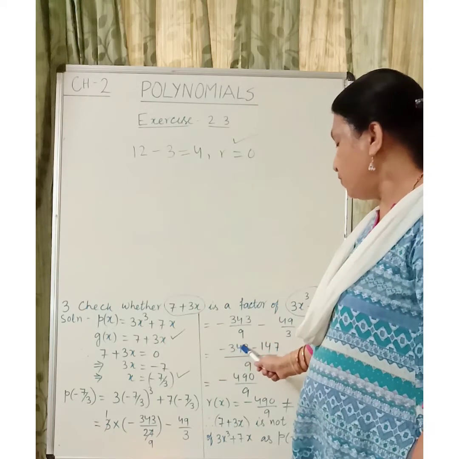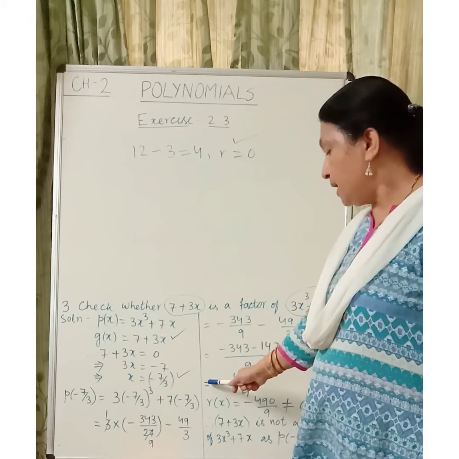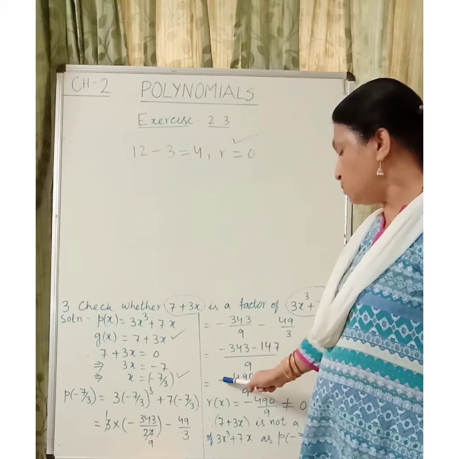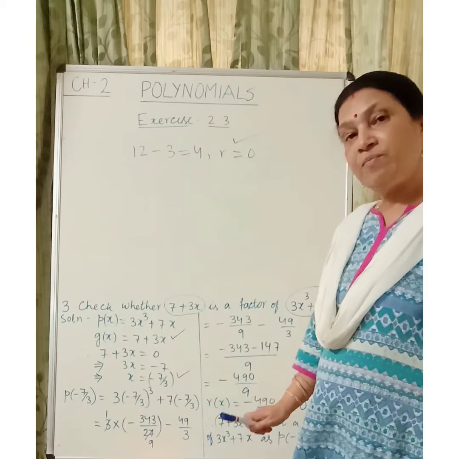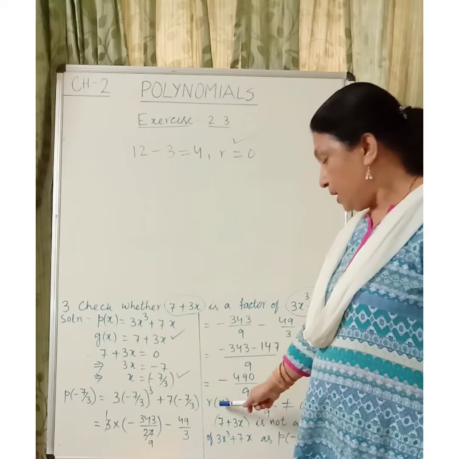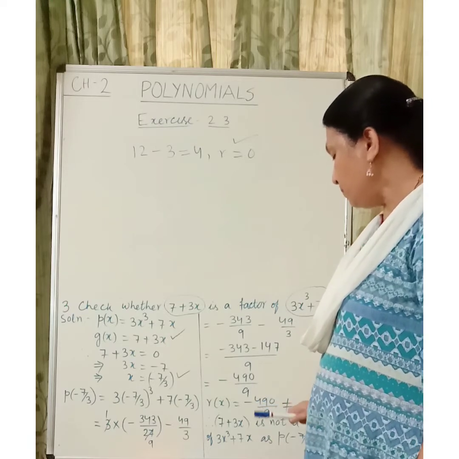So minus 343 minus 147 upon 9, and we are getting minus 490 upon 9. So what is this minus 490 upon 9? That is the remainder after division. We are getting the remainder as minus 490 upon 9.